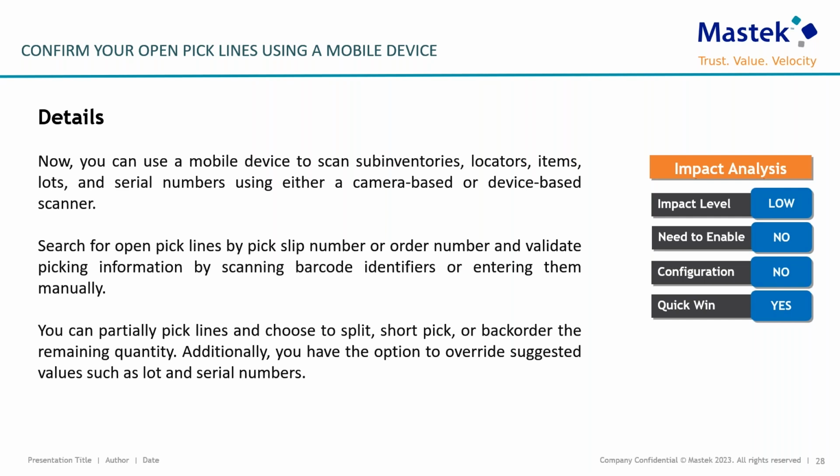And now we can confirm these open pick lines by using mobile devices, so we can simply scan the sub inventories, locators, items, or serial numbers using the camera-based mobile device, and we can start our process by searching the open pick lines by pick slip numbers.